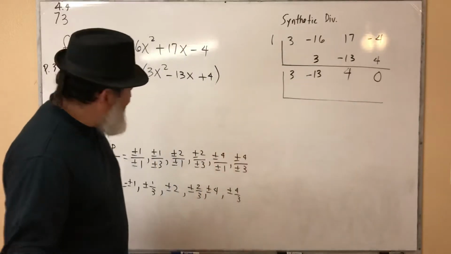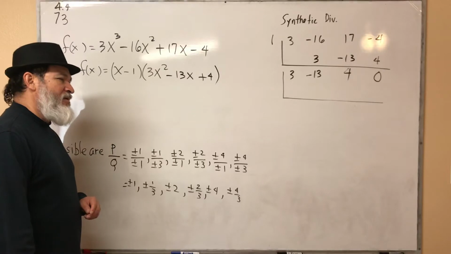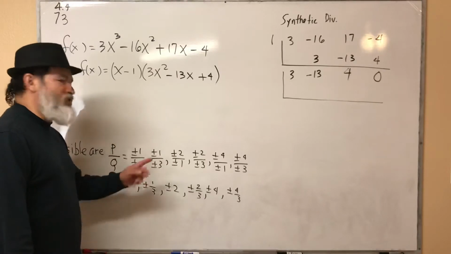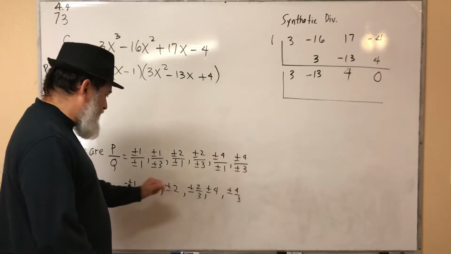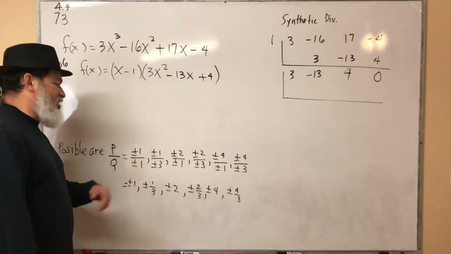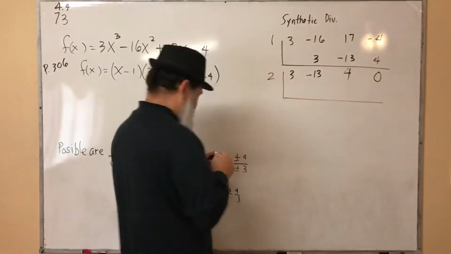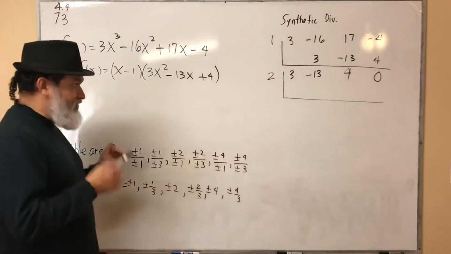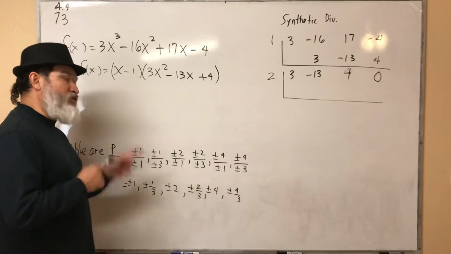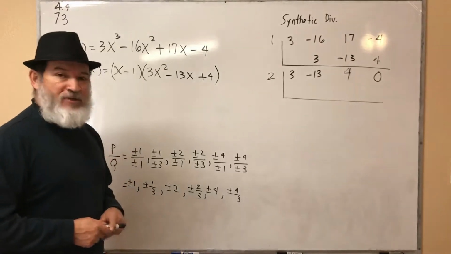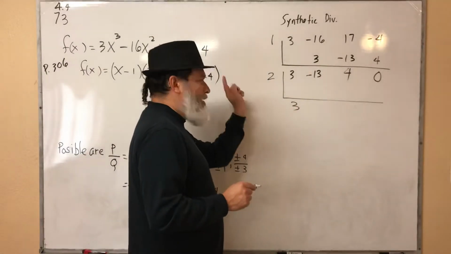Let me try 2 first. See what happens. Later on, I'll try the fractions, but let me try 2 now. I want to see if 2 is a zero, which means I want to see if 2 is an x-intercept. Bring down. Multiply.